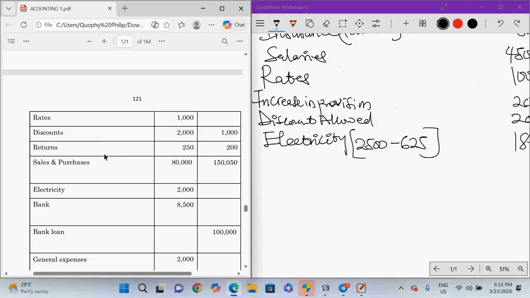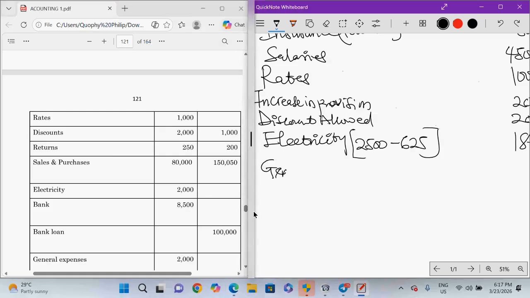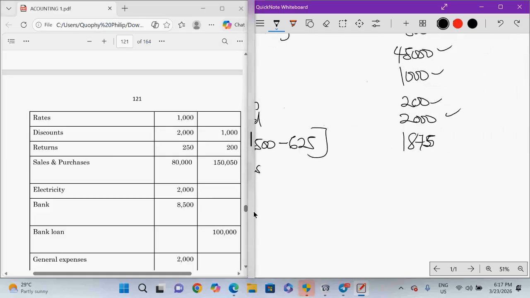Just train yourself that if you're not done with the first step, you're not going to the second step, right? Because you would get everything. So, general expenses. Any information on general expenses? No, please. So that's 2,000. What else?